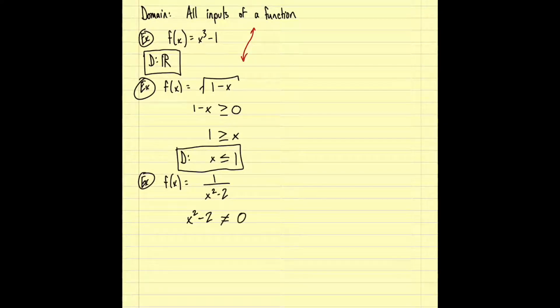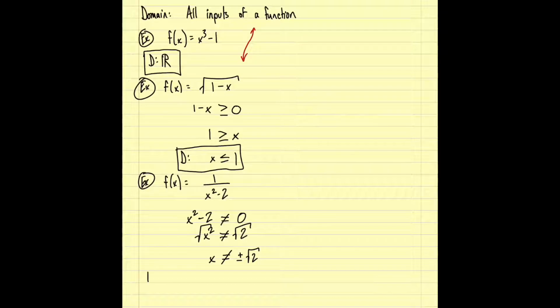So we set it to not equal 0. And then we just solve for x. So if we add 2 to both sides, get that, take the square root, and we get x. And I took a square root, so I have this plus or minus root 2. Okay, so those are the numbers that x can't be. So that is not your domain. Those are things that are outside of the domain.